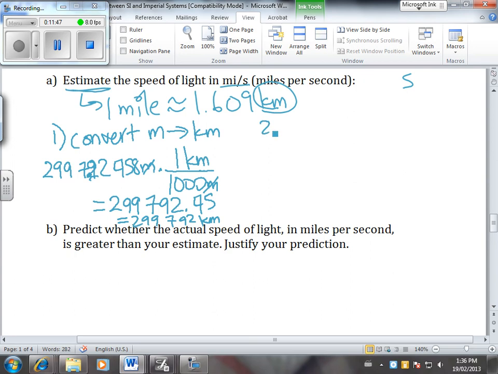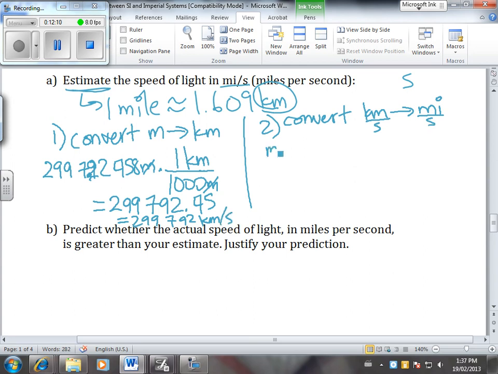Now, so number 2, we can convert kilometers to miles. Okay, so right now we have, and then we can add in our seconds again, because it will be miles per second and kilometers per second. And this is over here really kilometers per second.